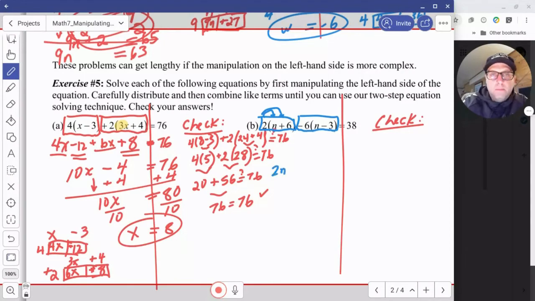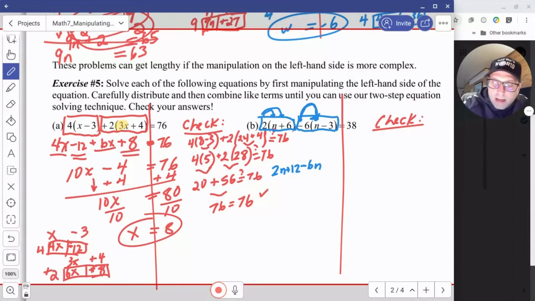Okay, 2 times n is 2n. The next arrow is 2 times positive 6. That's plus 12. Now this one, got to be careful. This guy right here is negative 6. That's a negative 6 times n, which is minus 6n.